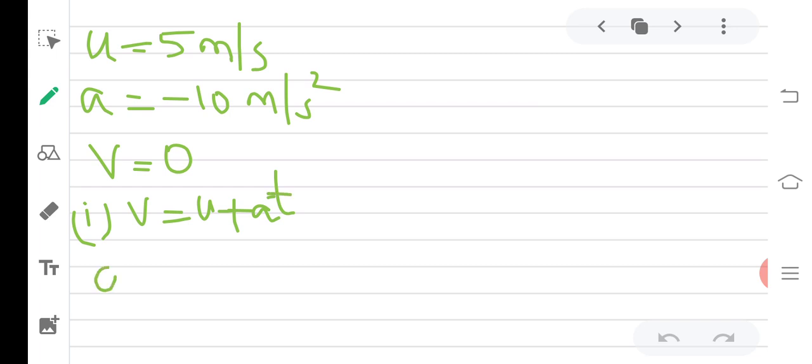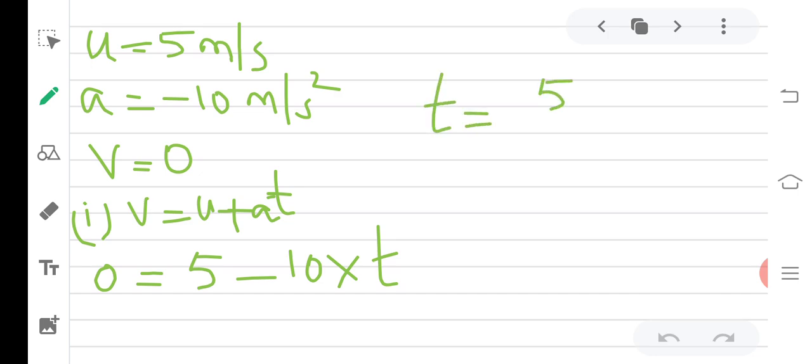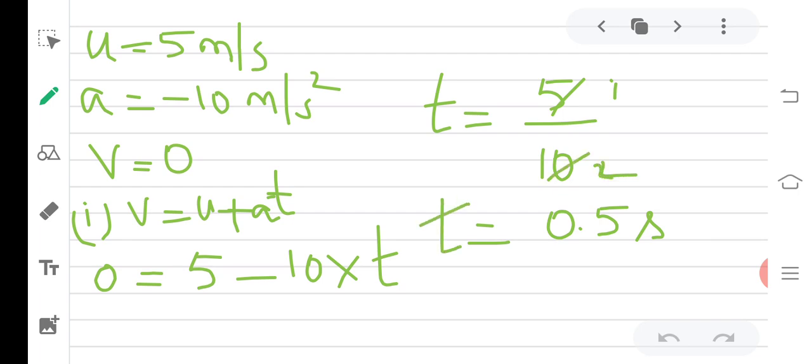So it is 0 is equal to 5 minus 10 into t. So what will be t? t is equal to 5 by 10, which is 1 by 2, 0.5 seconds. So your t will be 0.5 seconds.